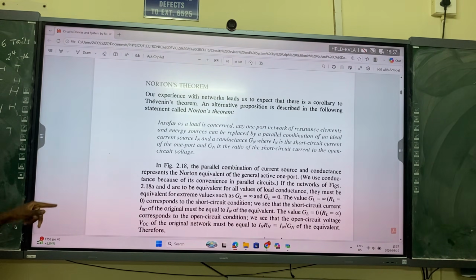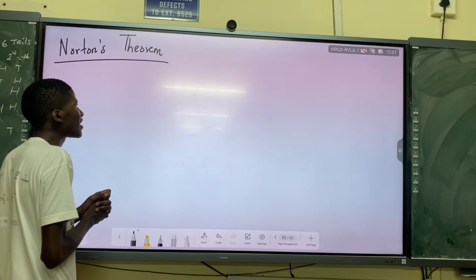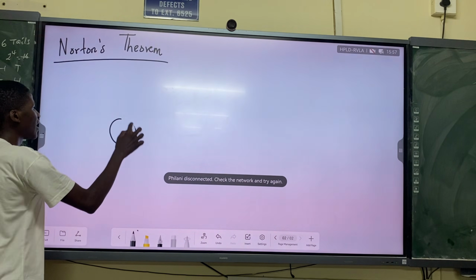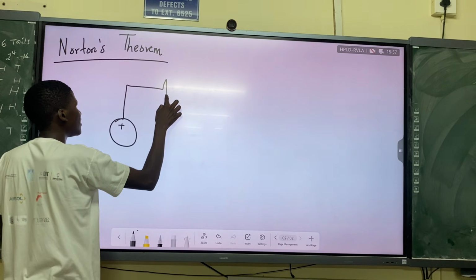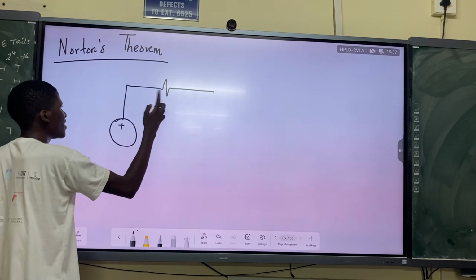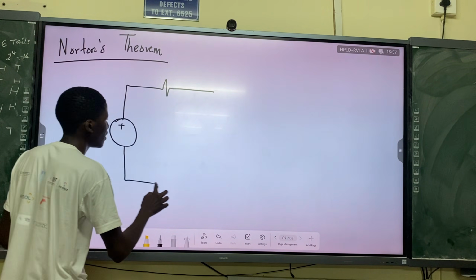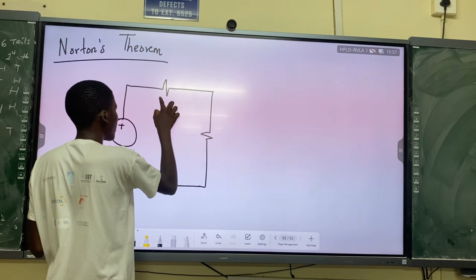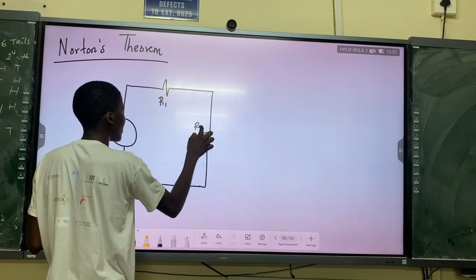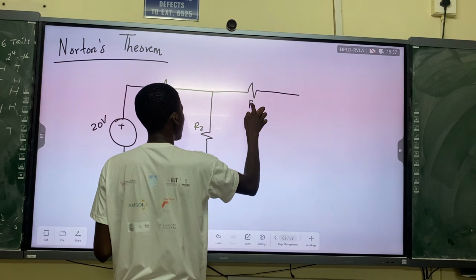So it means when we are doing Thevenin's theorem, if we have a set of voltage sources and resistances, maybe let's just give back the same values, 20 volts, then R1, this is R2, and then R3.